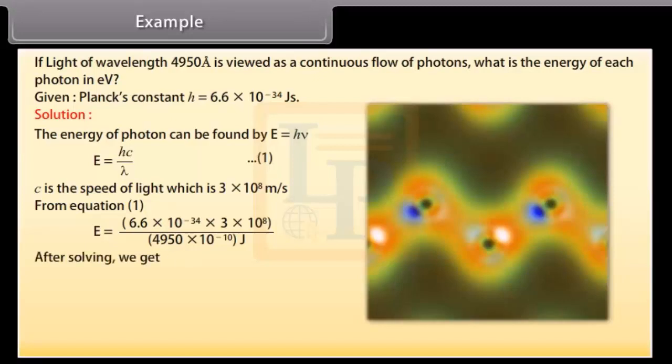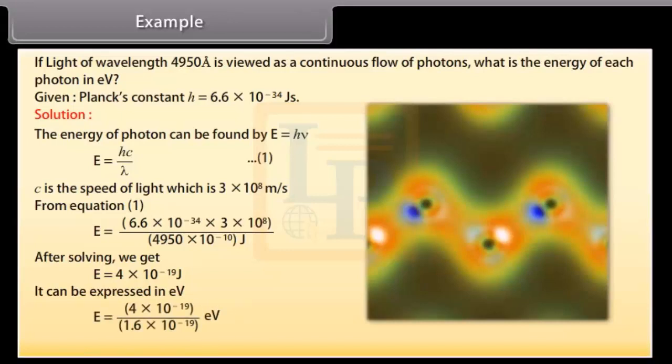After solving we get E as 4 × 10^-19 joule. It can be expressed in eV: E as 4 × 10^-19 by 1.6 × 10^-19 eV. E is equal to 2.5 eV.